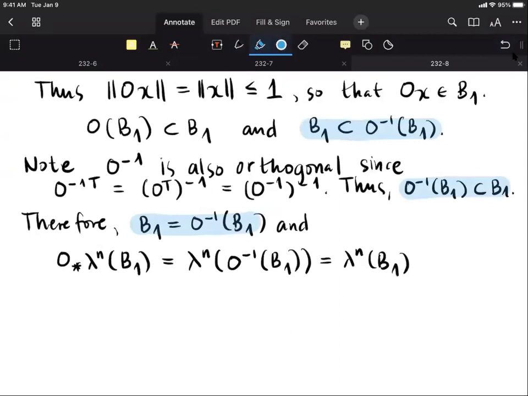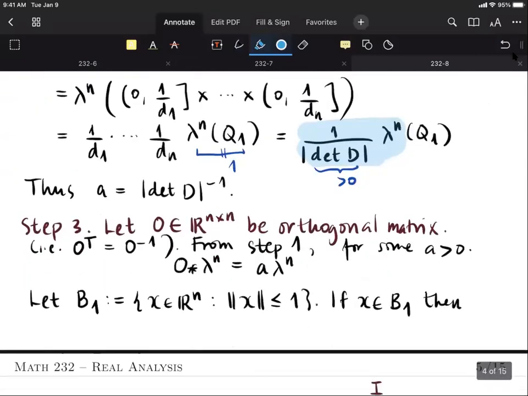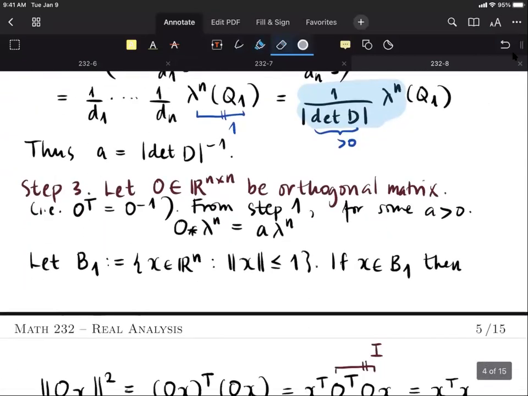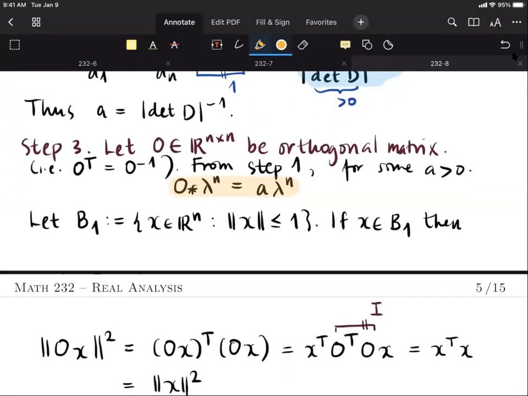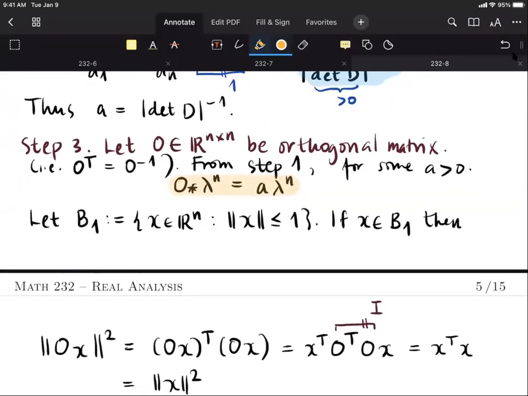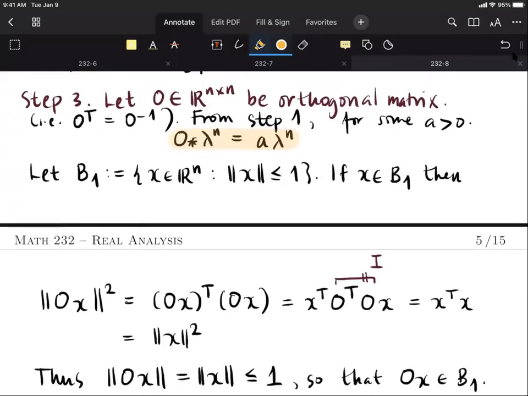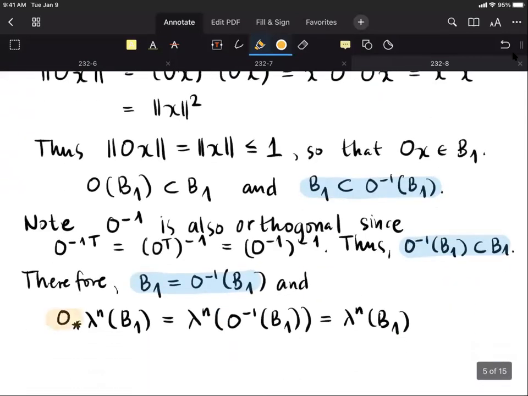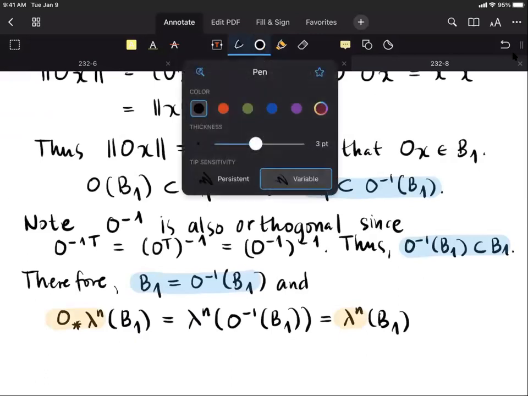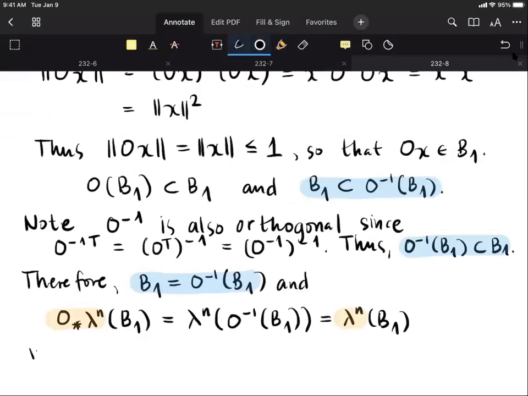So we have written again, we know that this image measure must be a multiple of lambda n. Comparing to this equation, we must have A equal to 1.